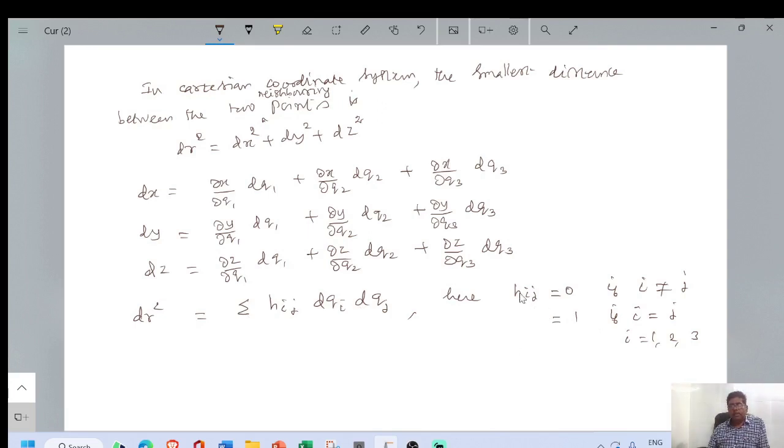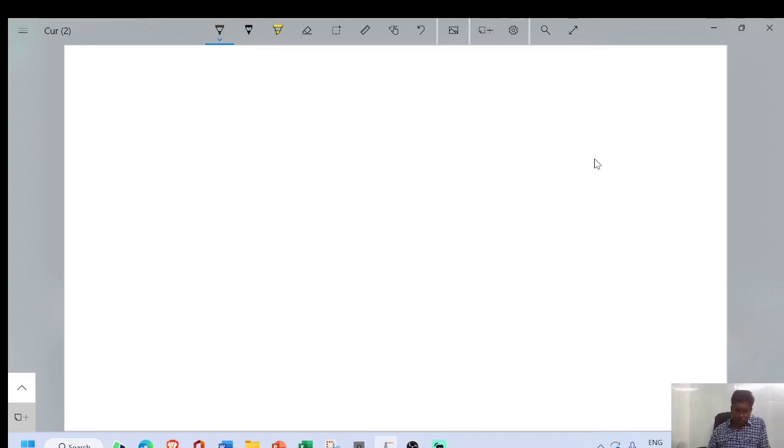Now the condition is the value of h_ij equal to 0 if i not equal to j; if i equal to j, then the value of h_ij equal to 1. Now we will verify this. dr square equal to summation over h_ij dq_i dq_j.